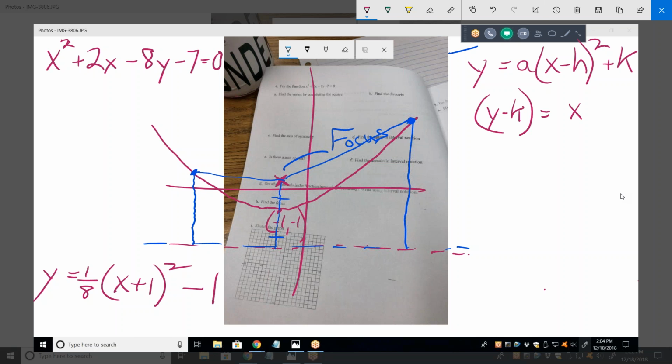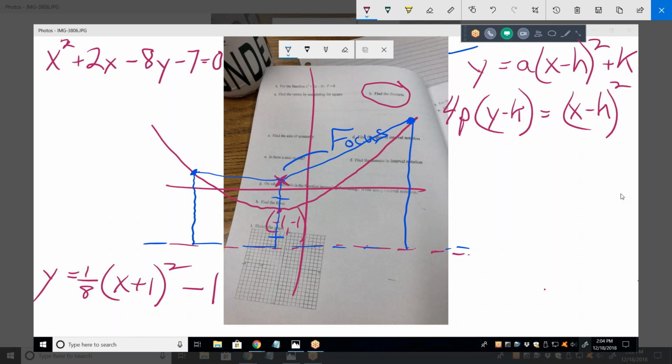And they take this A and make it 1 over 4P. And you multiply both sides by 4P and end up with this equation. And this is the general equation of a parabola. And P is this focal distance. So if you're trying to find the directrix, you've got to find P.